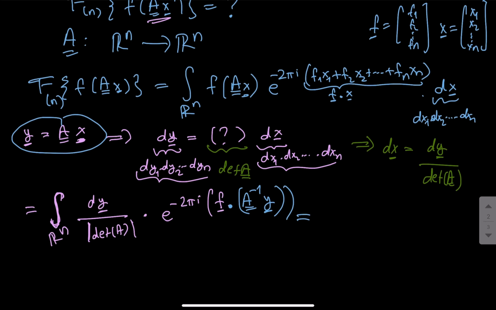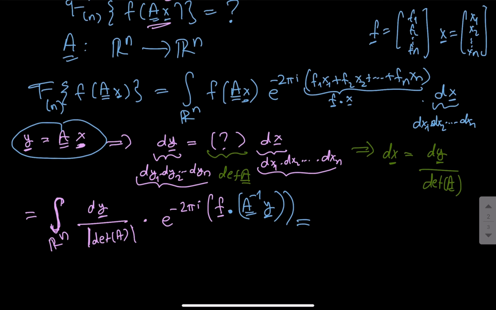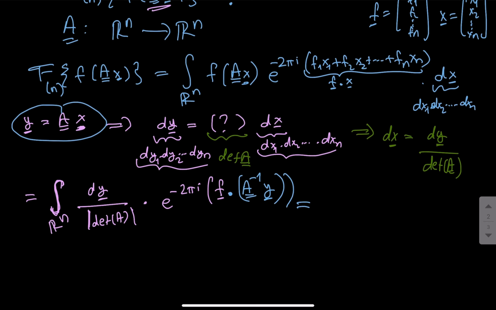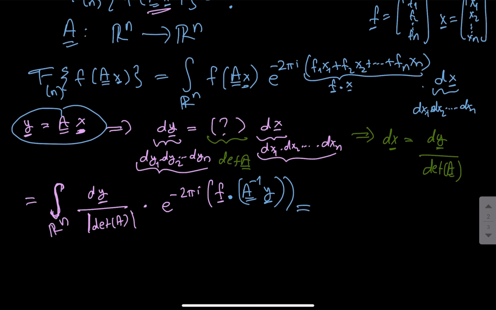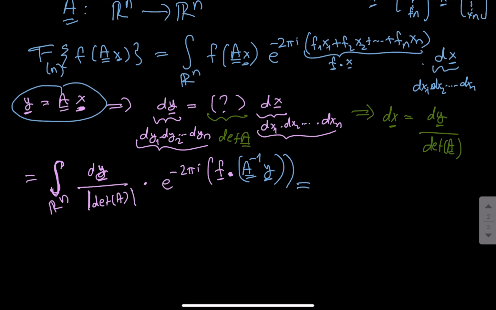Now what we should try to do is get something similar to the usual Fourier transform formula. Since we are integrating over y, we are looking for something that's y over here, but we have something that's f. So we should have a closer look at here.